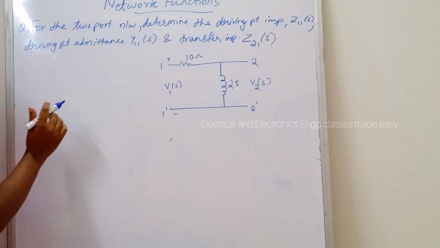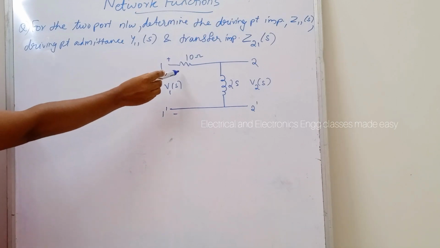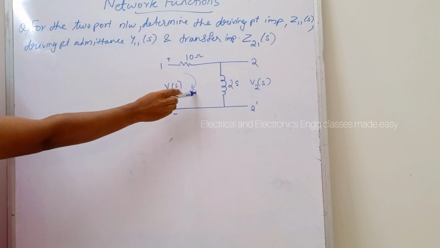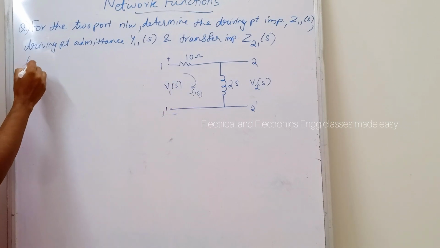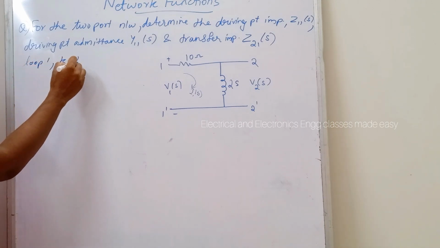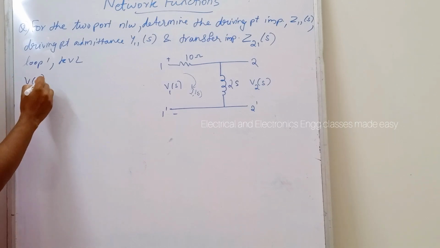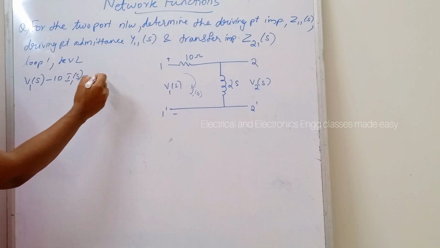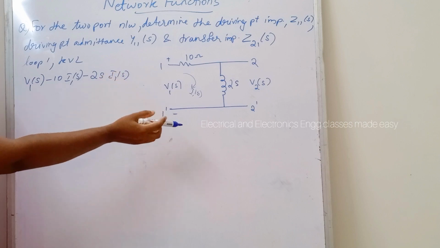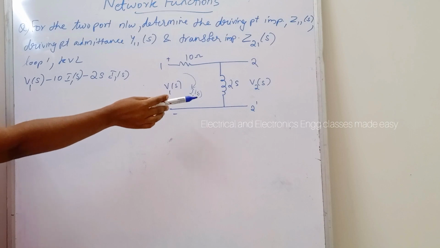For that, we have to apply KVL. Consider this as I1 of S. For the first loop, that is loop 1, applying KVL, we will get V1 of S minus 10 into I1 of S minus 2S into I1 of S, because there is no element in the second loop.